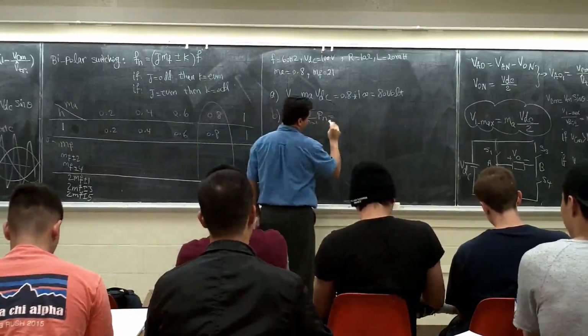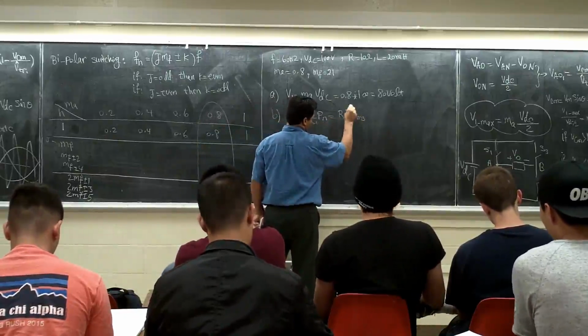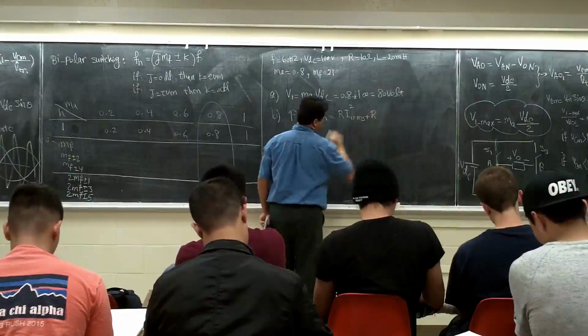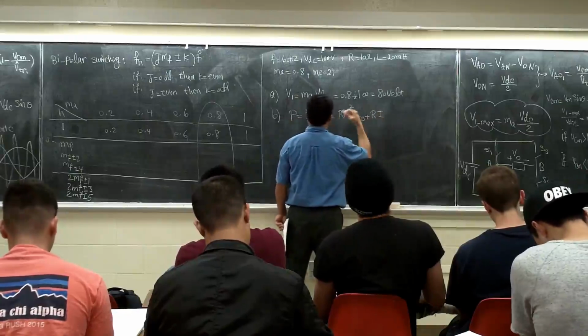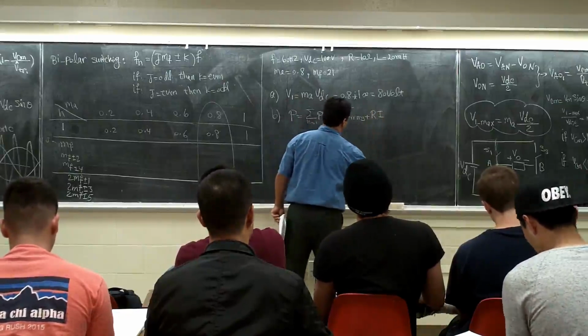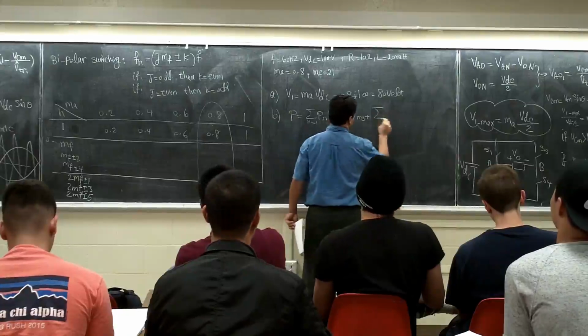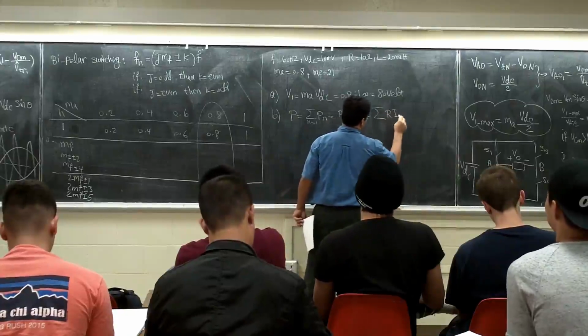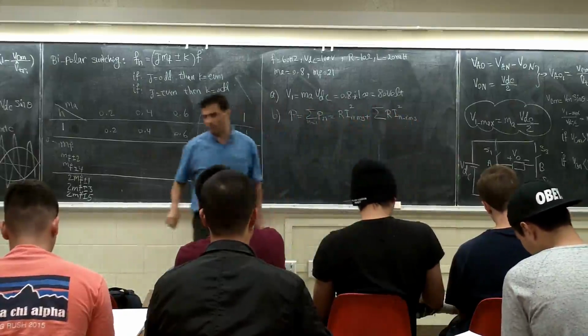So it's going to be R times I1 RMS squared plus R times the next harmonic, IN, and the rest of the harmonics.